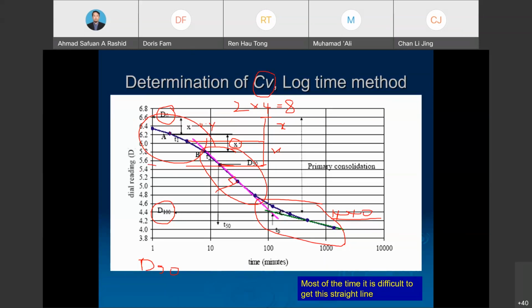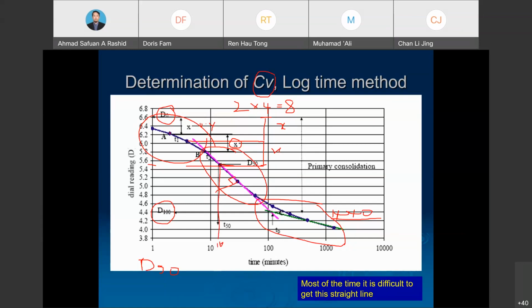So then the value for the D50 is located at 5.5 under the Y that exists. And then we need to draw a vertical line to get the value for the T50. So for this case, the T50 we can say approximately around 16 minutes.